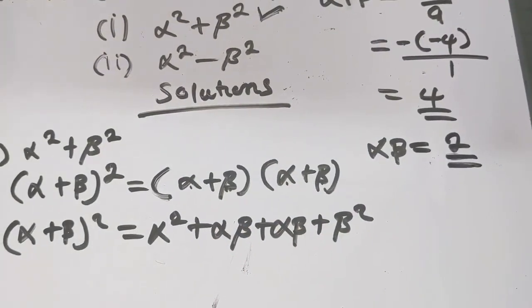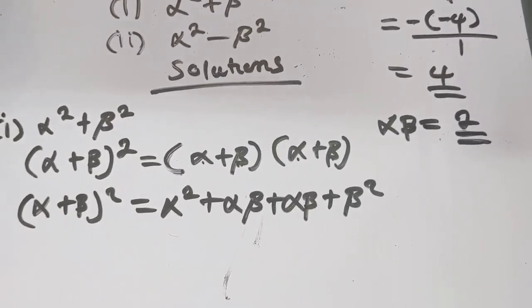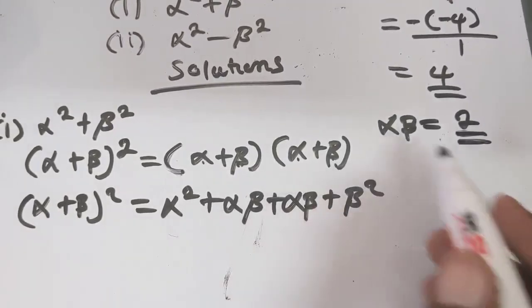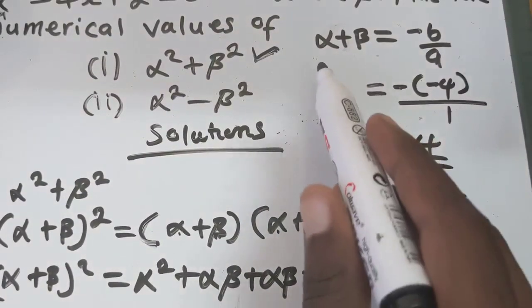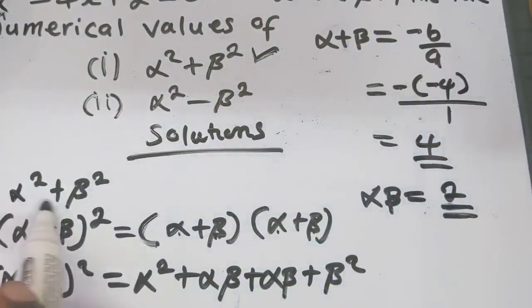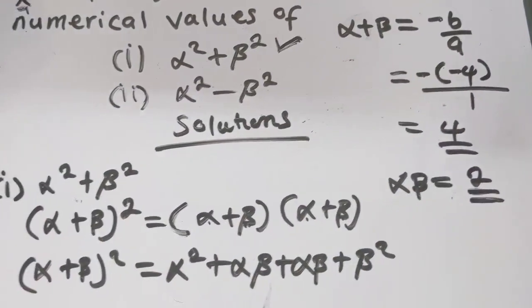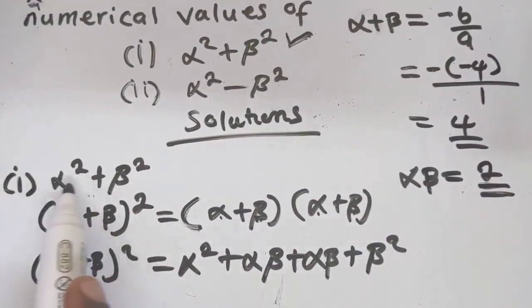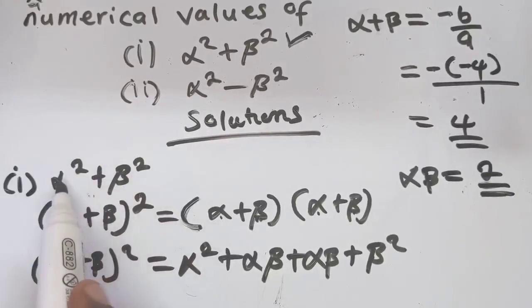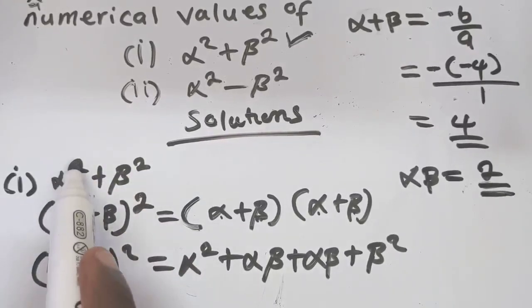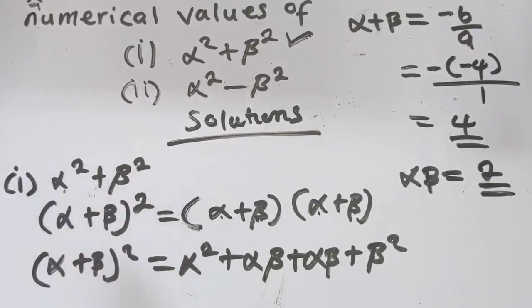Are we together? This is a simple thing that you cannot fail to do. We are trying to come up with something that looks like this from the original question, that is alpha squared plus beta squared. This one is alpha squared, this one is beta squared.